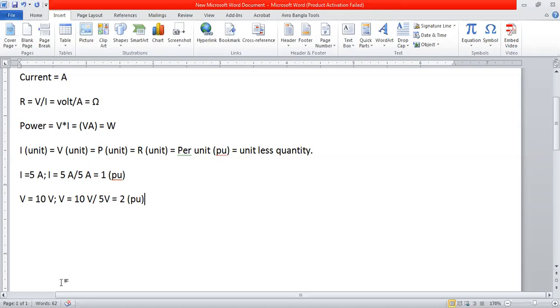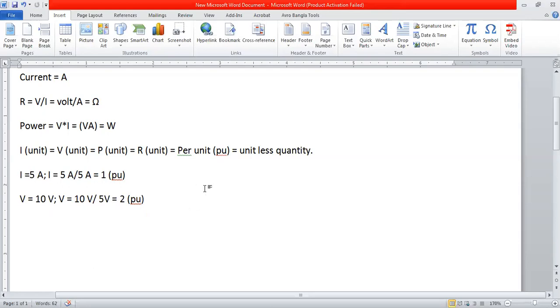It means that we converted the voltage from a volt unit to a unitless quantity, that is per unit. So now the current is equal to 1 per unit and the voltage is equal to 2 per unit. So the unit of current and the unit of voltage are now the same unit, that is per unit, or PU.